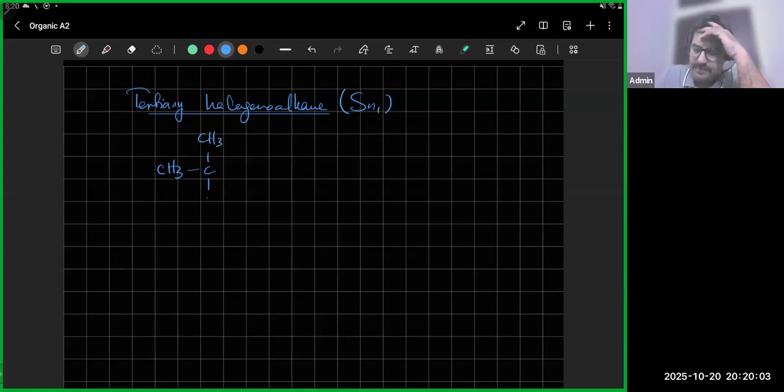So the partial positive carbon is surrounded by electron donating carbon chains. So the positive charge is not going to be very strong, which is why the Cl is not going to be attracted very strongly to it. So the Cl can leave, and when it leaves, a carbocation easily forms.